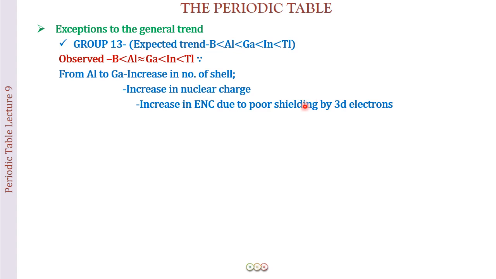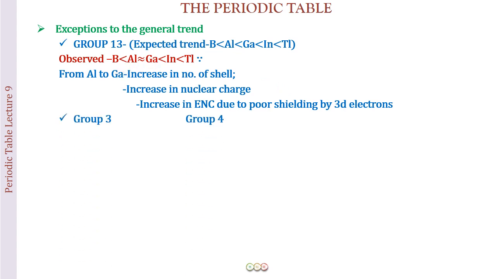If this decreases, the effective nuclear charge will increase, and this is going to cause a decrease in size. This more than compensates the increase in size because of the number of shells, and hence we have aluminium and gallium almost similar in size. I hope this is clear, that it is because of the poor shielding by 3d electrons that gallium has a size similar to that of aluminium.